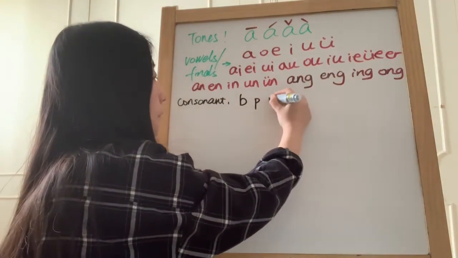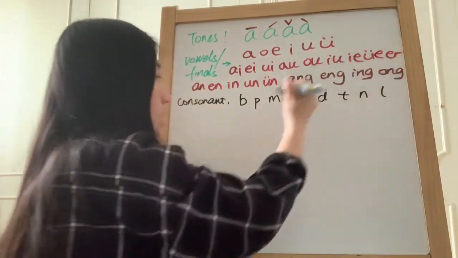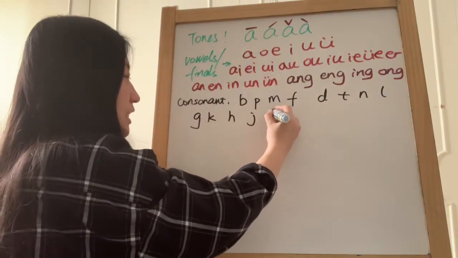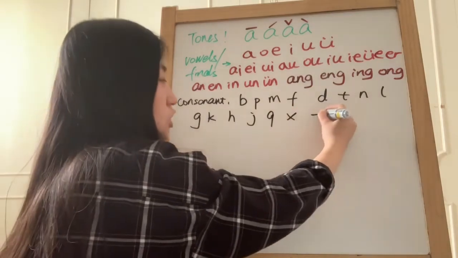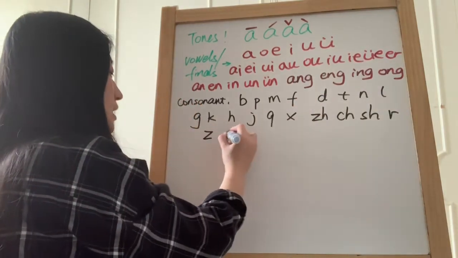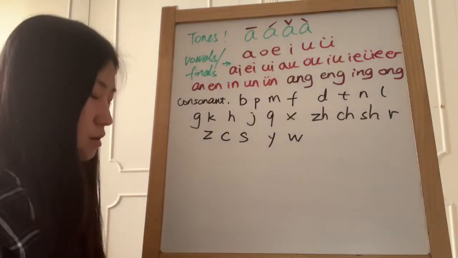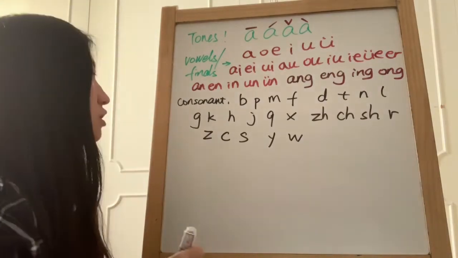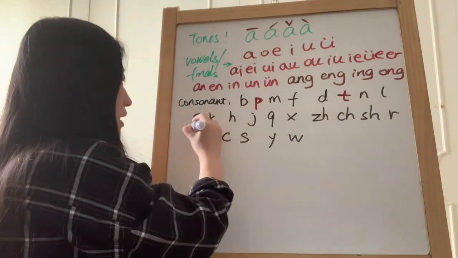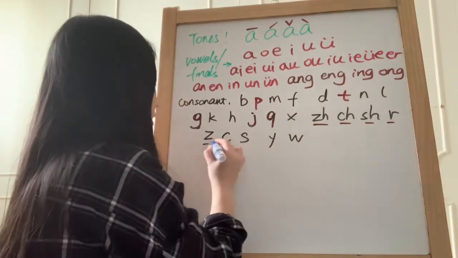Bo, po, mo, fo, de, te, ne, le, ge, ke, he, ji, qi, xi, zhi, chi, shi, ri, zi, ci, si, yi, wu.